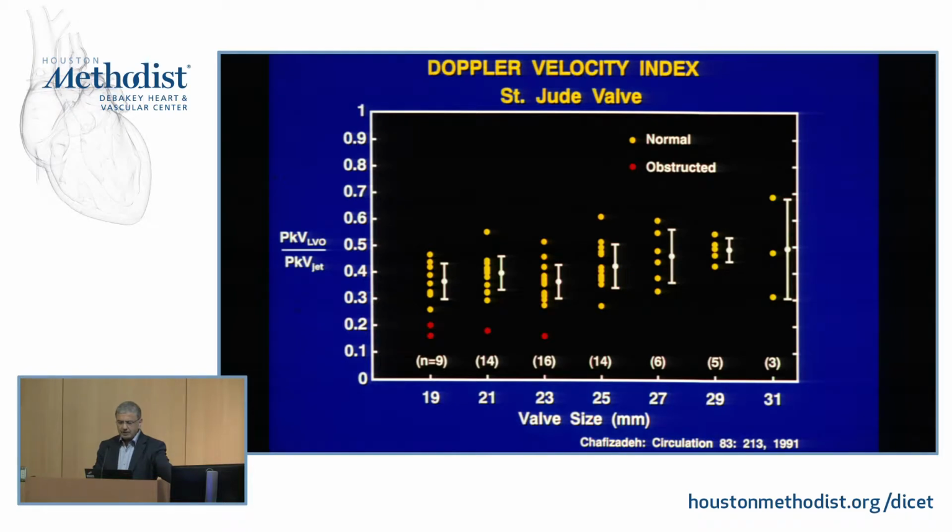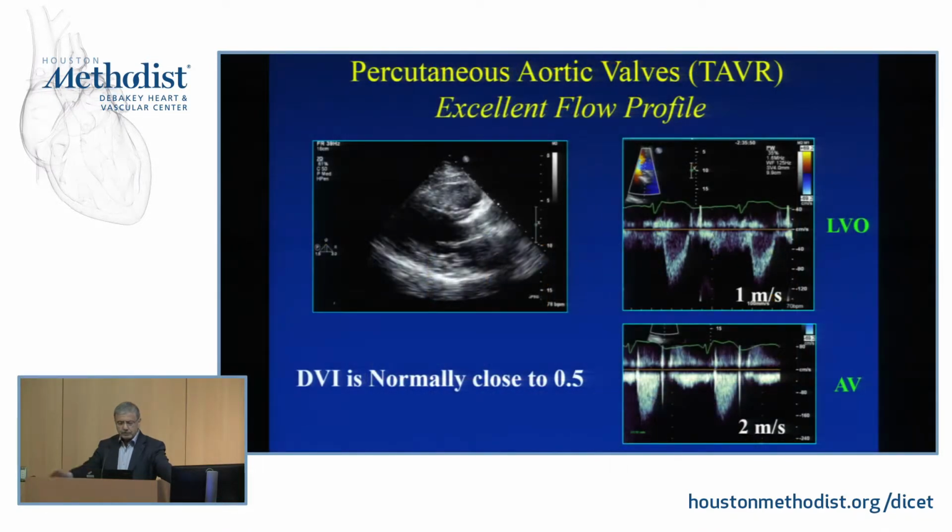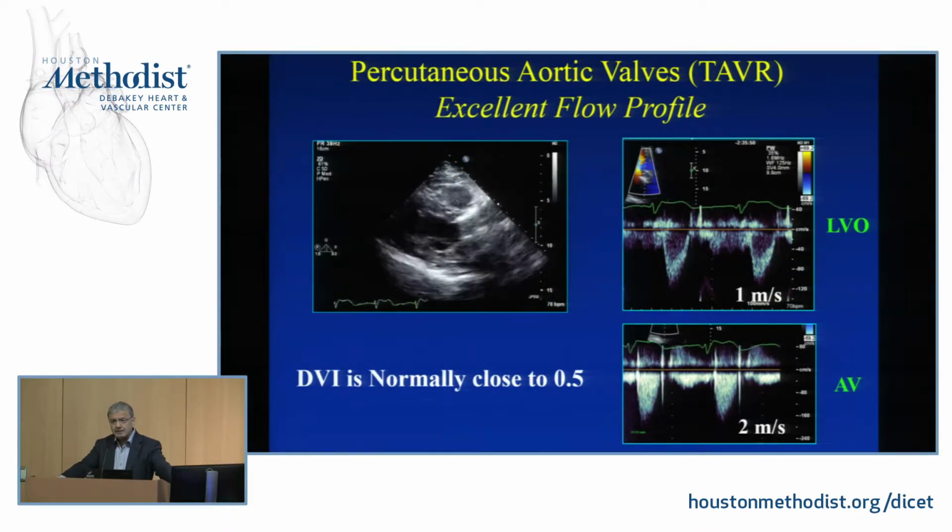Now, interestingly enough, Mike Rearton just told you that the performance index of this DVI is so much better than in percutaneous valves, and indeed it's so much better. We have normals that certainly are above 0.5, meaning it will just accelerate 2 times across the prosthesis, and many of them barely accelerate from pulse Doppler in the valvular tract to the velocity.